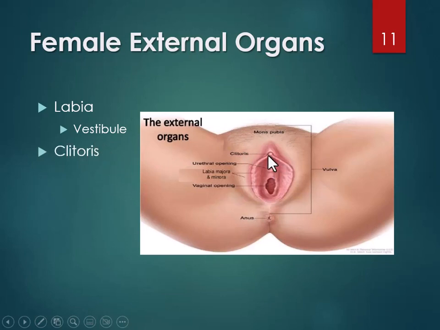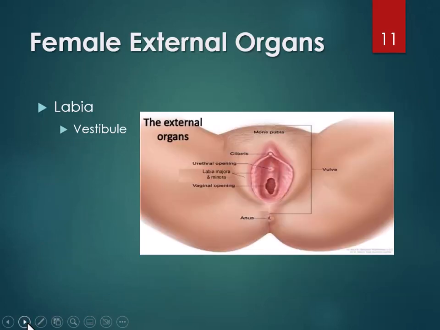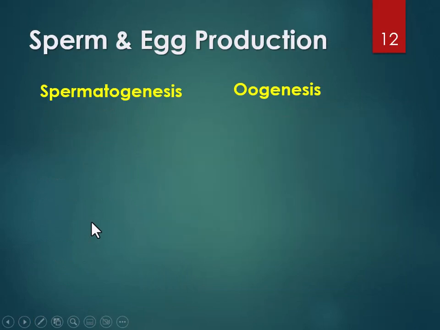The clitoris, like the glans penis, has a lot of nerve endings, and in fact in sex change operations they can make the clitoris into a tiny penis for women. And remember the urethral opening, if you go back and look, I guess you can't see that side picture there, but the bladder is kind of beneath the uterus. I'll have a picture of that right here. I'll have to show you that later.